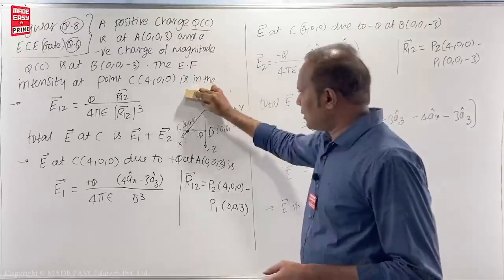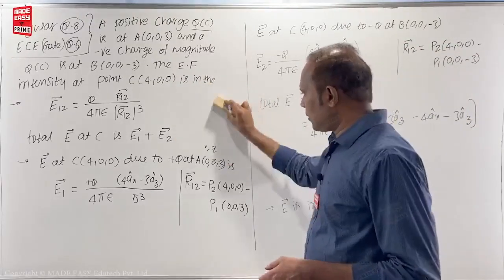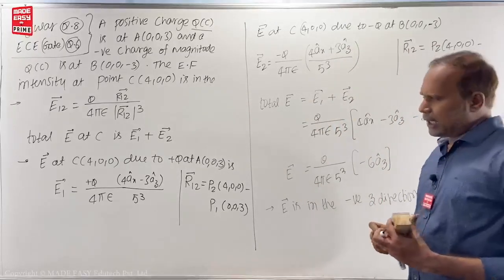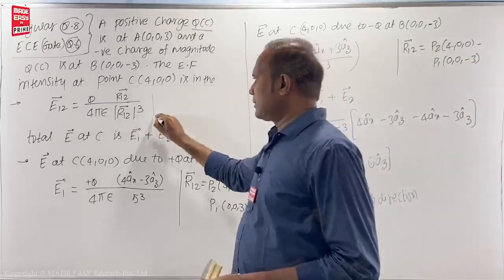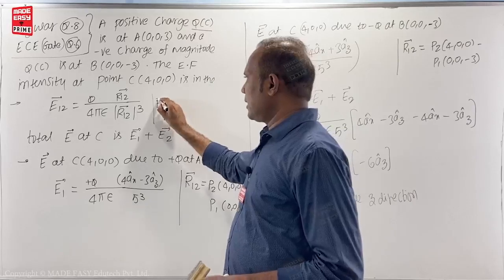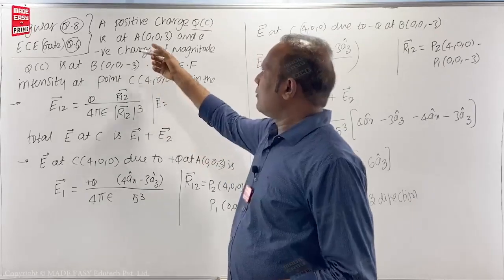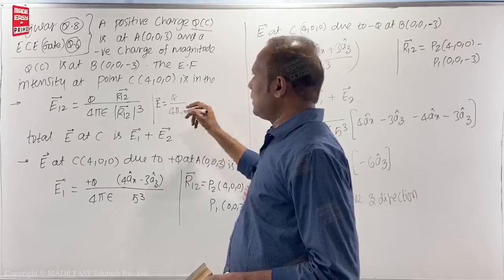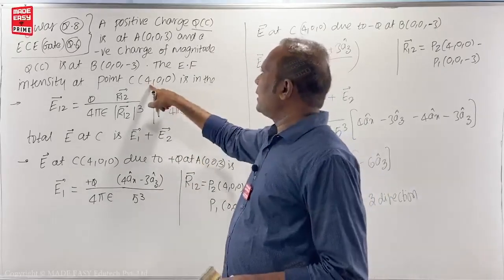Actually, if I solve this question in an exam, directly I will be writing like this. You can see here, E bar is equal to the electric field due to plus Q charge, which is Q by 4 pi epsilon, then R12 bar, meaning this is the field point, this is the source point.